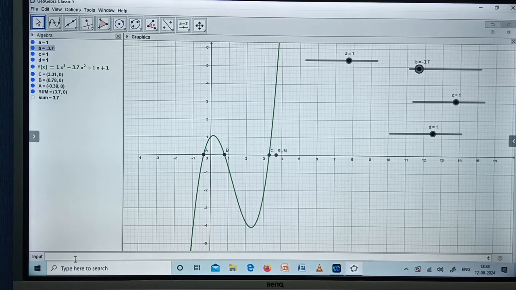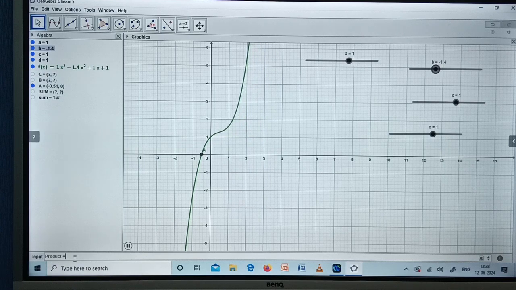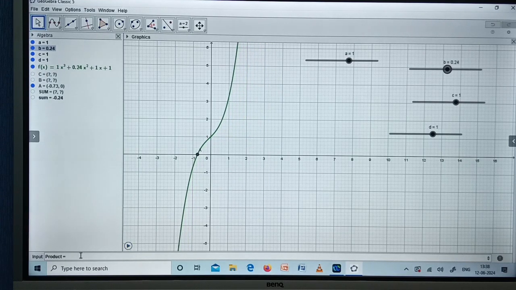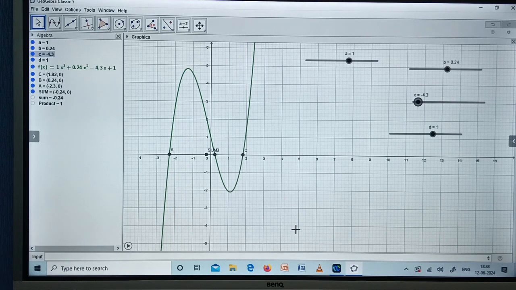Now what will be the product of the roots? Product equal to, I am going to say D by A. Okay, product is 1. Now, what is the product?